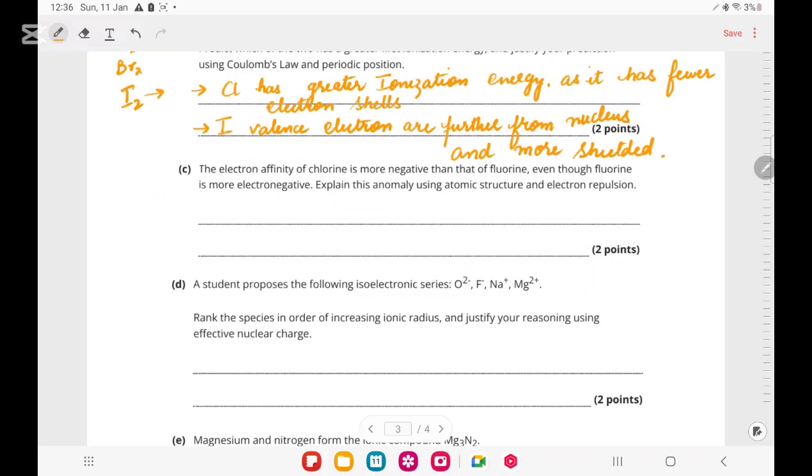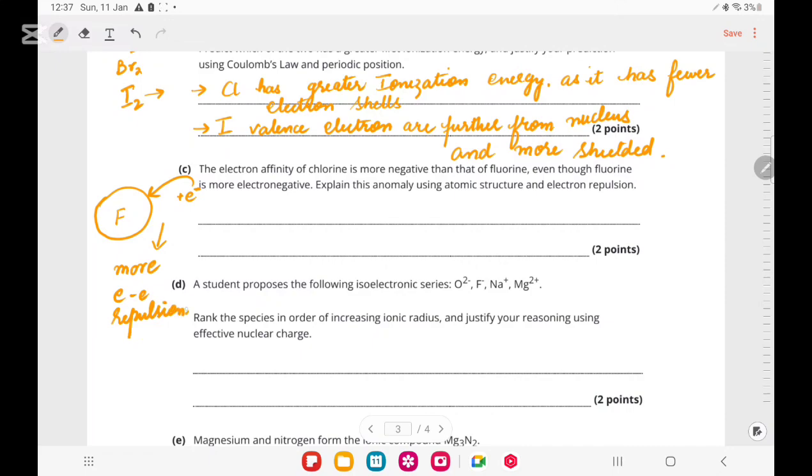So there's an anomalous behavior they are talking about. They say the electron affinity of chlorine is more negative than that of fluorine, even though fluorine is more electronegative. Why is that? First of all, you must know that fluorine has a very small atomic radius, and because of the small atomic radius, when an electron is added there is more electron repulsion.